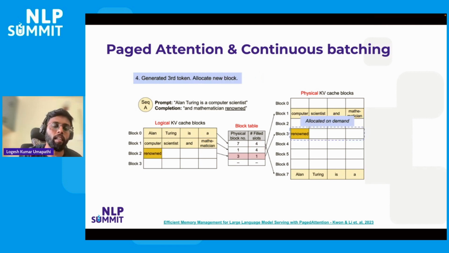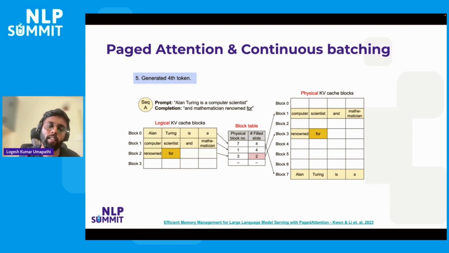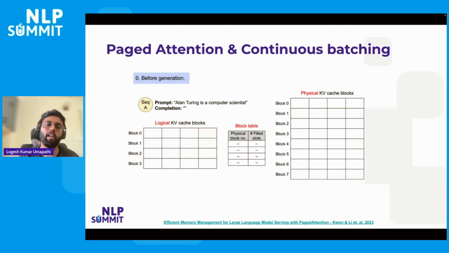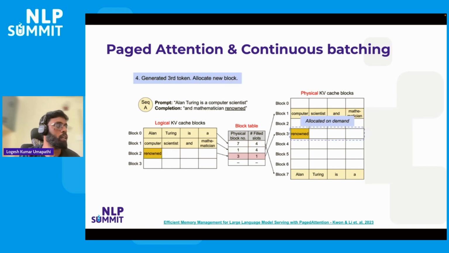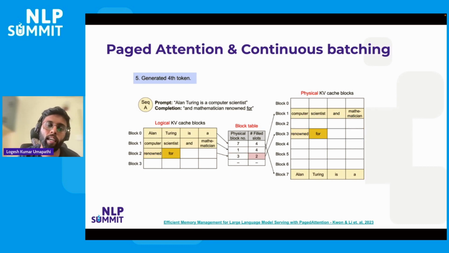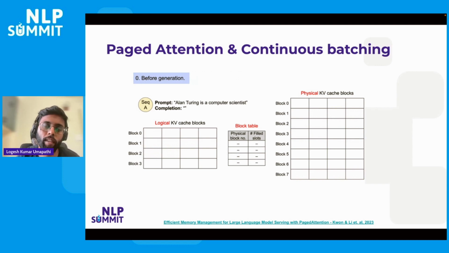They allocated the KV cache in a blocked manner so that they don't have to give a contiguous set of memory to the particular KV cache. So they can dynamically allocate only whatever is required. Even if a sequence is going to end a lot sooner, they don't have to allocate a full sequence length of KV cache to it.